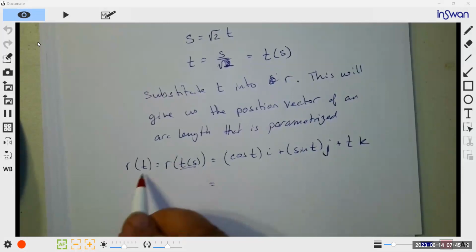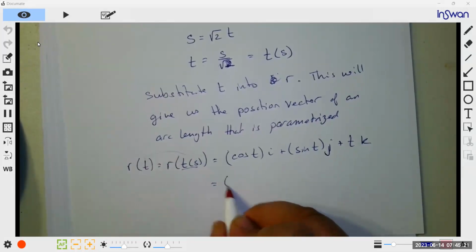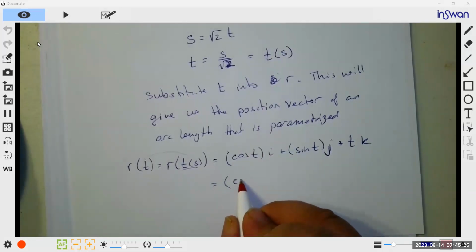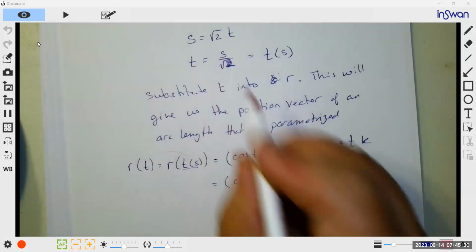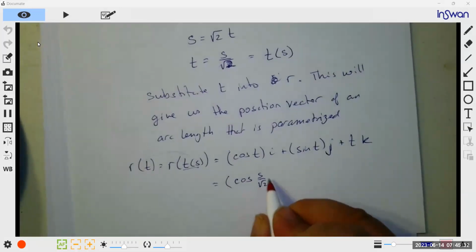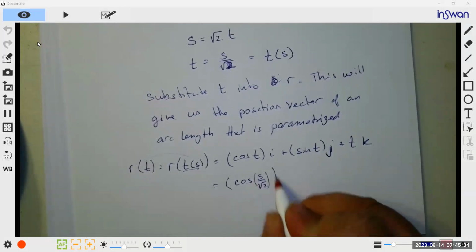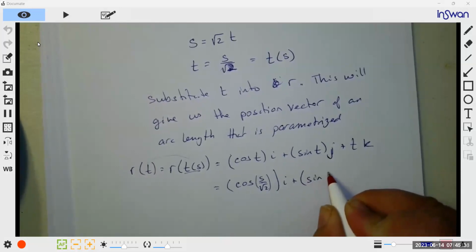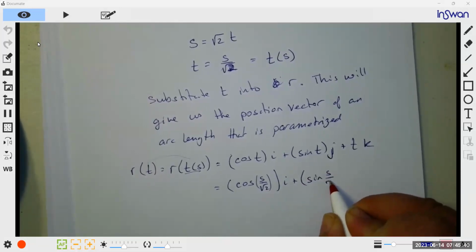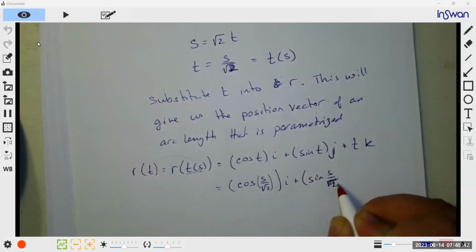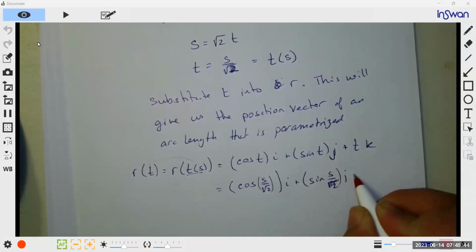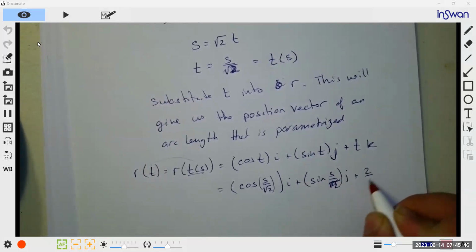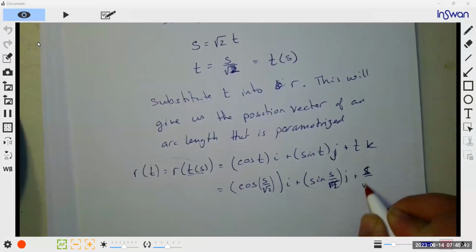So now anywhere we see a t, we put s over radical 2: cosine of s over radical 2, sine of s over radical 2, and then s over radical 2.